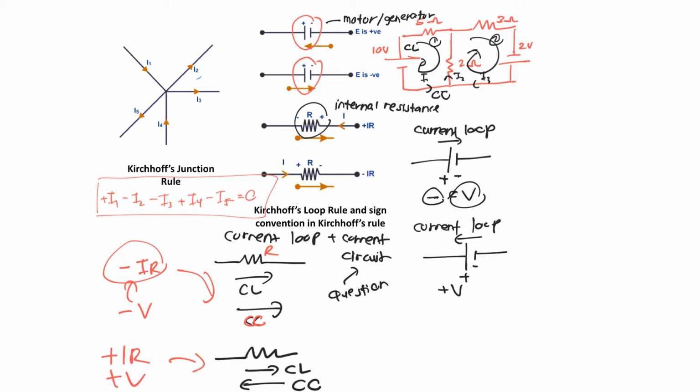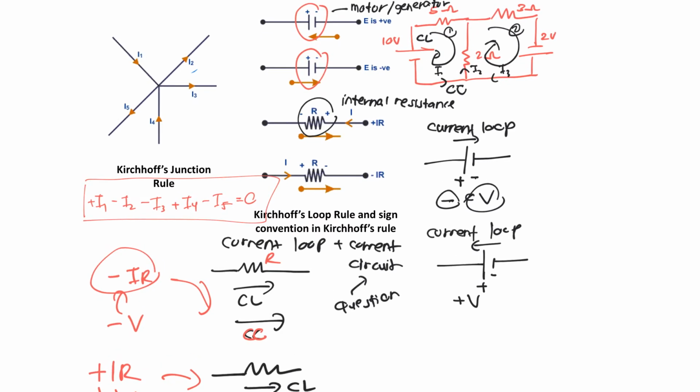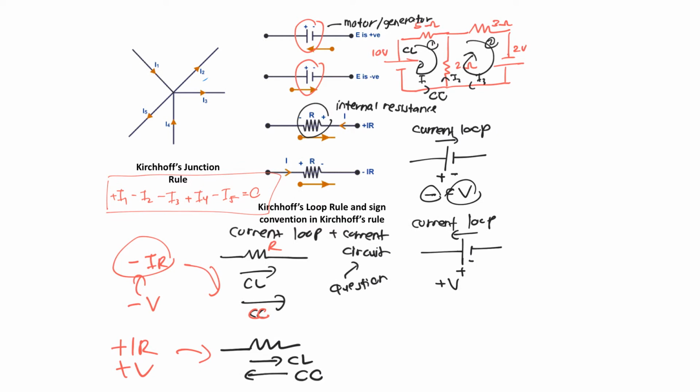For example, current loop and current circuit in the same direction is positive, and in the opposite direction is negative. But to standardize, we are going to follow your textbook and other textbooks. So the rule we are going to use is: if your current loop and current circuit are in the same direction, it is negative, and if they are in the opposite direction, it is positive.